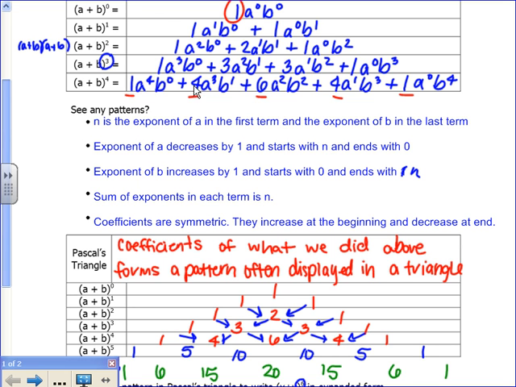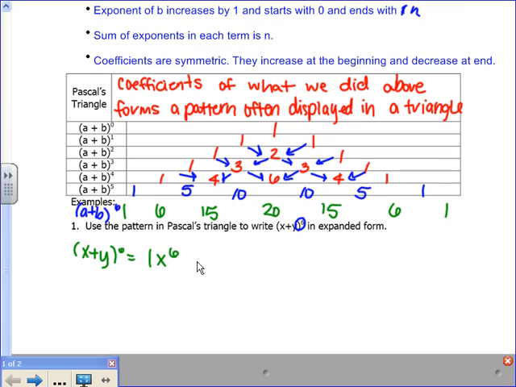And our second variable, we're going to count up the whole way through. And then everything's going to have a plus sign in the middle. So I have y to the 0 plus, next number, 6, x to the 5th, y to the 1st, because remember you're counting up, counting down, counting up. Next number, 15 in the triangle. I have x to the 4th, and I have y to the 2nd.